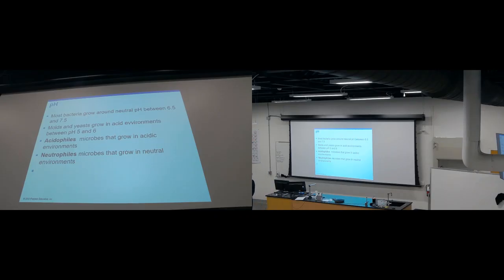So, pH. Most bacteria are neutrophiles, so they like to grow between 6.5 and 7.5 pH. And some are acidophiles, like molds and yeast. They grow between 5 and 6.